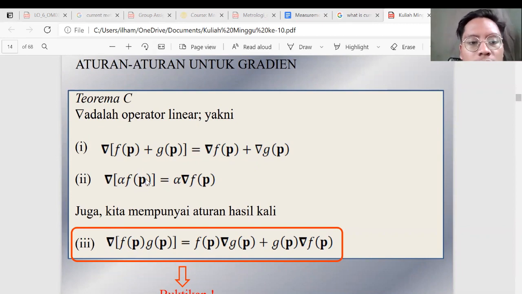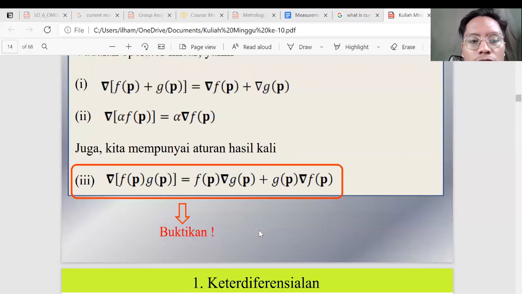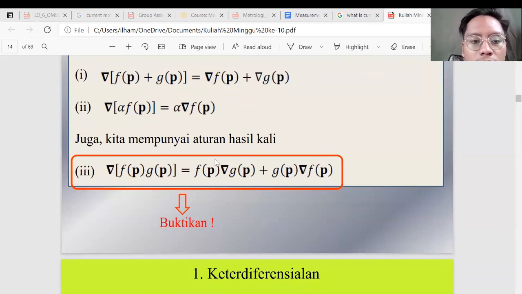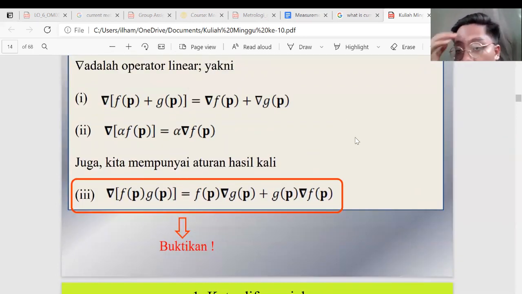And the second one is ∇(alpha f)(p) equals alpha ∇f(p). So we have a final result: ∇(fg)(p) equals f(p) ∇g(p) plus g(p) ∇f(p).